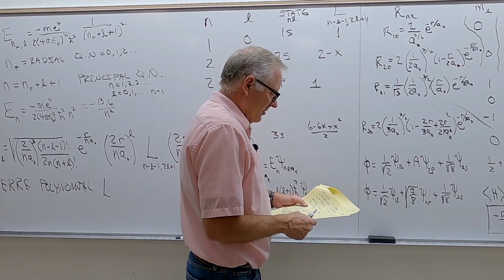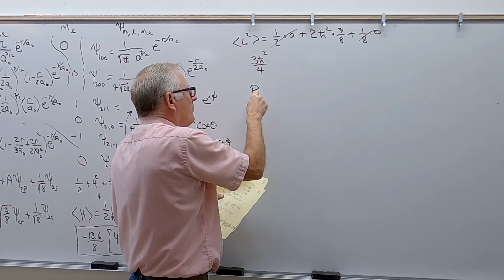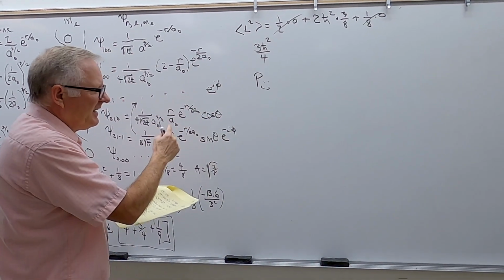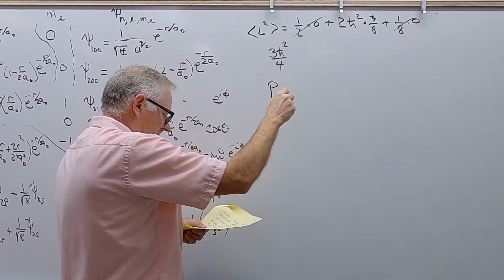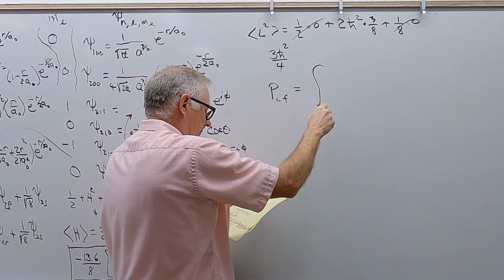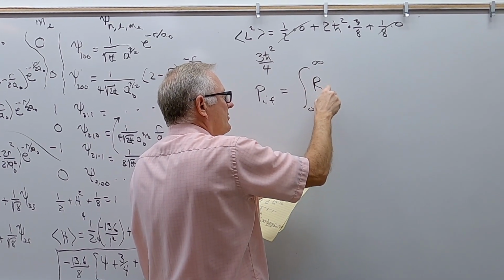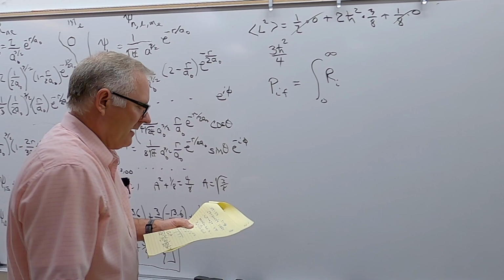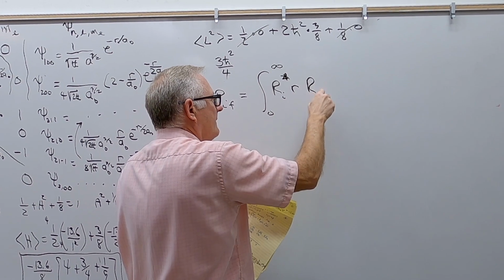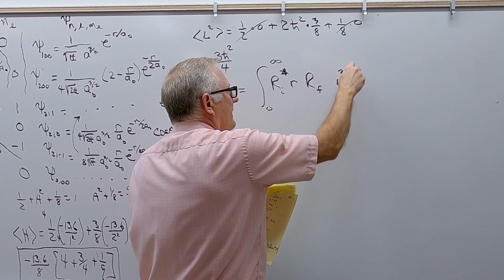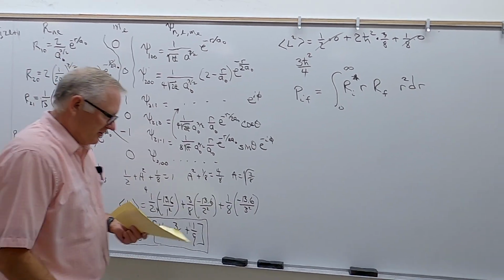Remember, the way we got the selection rules for orbital jumps, we called it this dipole moment matrix between an initial and a final state, I and F. It would just be the integral from 0 to infinity of the initial state, whatever it is, star, times r, times the final state, and don't forget you need an r squared dr. Now you're going to do this for each initial and each final state.